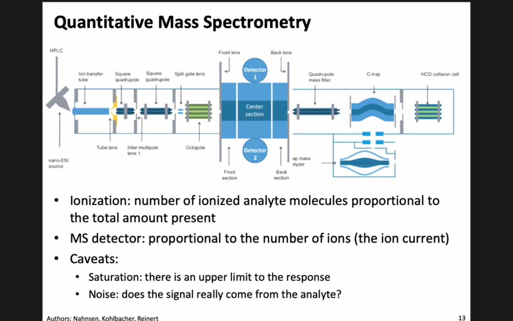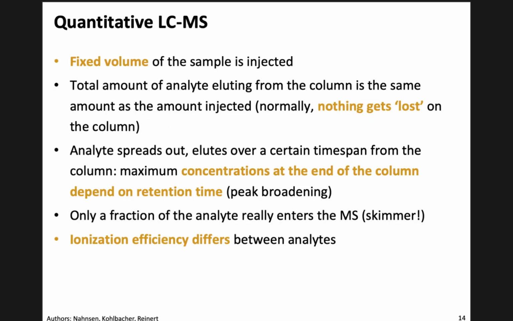Now we're making several assumptions here. The first assumption is that we inject a fixed volume. So when you do 10 measurements, you always inject the same volume. That's helpful. Otherwise, you would need to correct for the volume. It's not a big deal, but it's annoying.